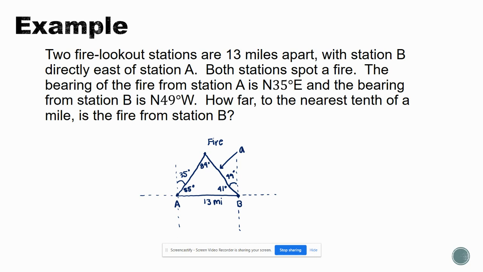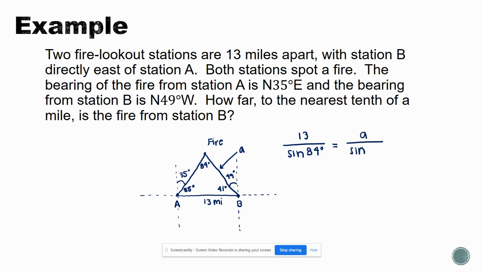Now we have everything that we need in our diagram to set up to find the distance the fire is away from station B. So I want to use the 13 miles, and that is going to go over the sine of the angle that we just found to be 84 degrees. I want to figure out what the side a is.